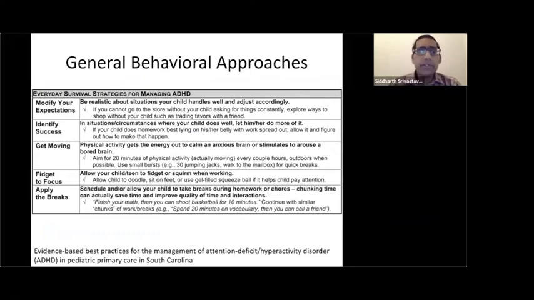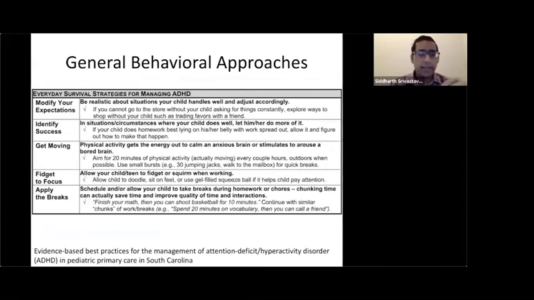With the diagnosis of ADHD, I often start with behavioral approaches. Here are some general strategies for managing ADHD, some general behavioral strategies. I'll go through each of these briefly. They include things like modifying your expectations, so being realistic about what your child handles well and what your child doesn't handle well.